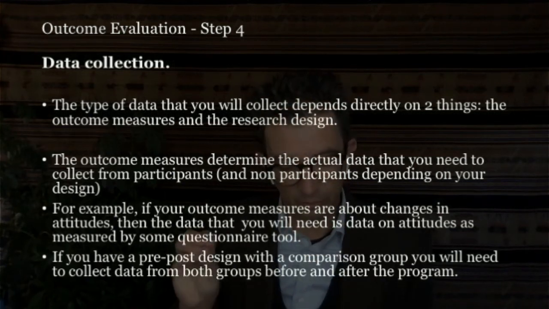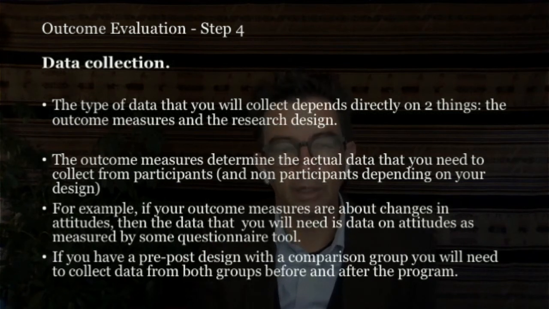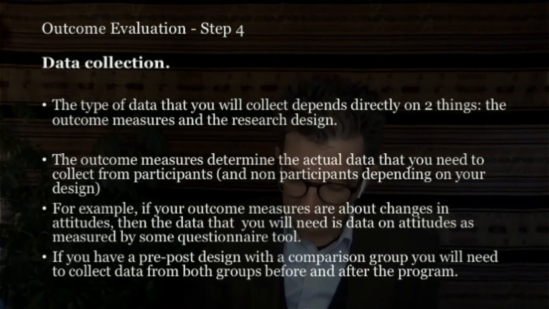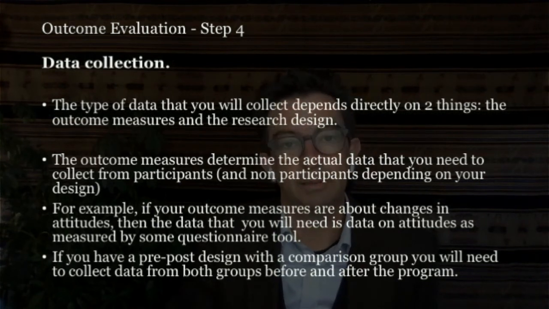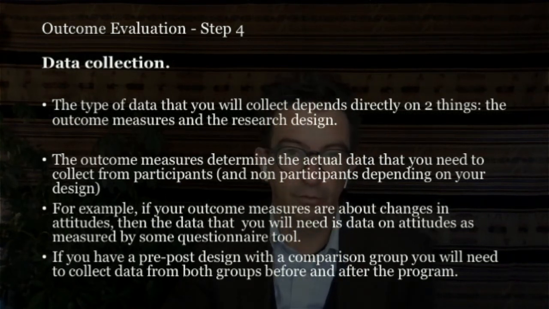So you need to be very clear on who is going to collect the data and how. Sometimes the people conducting the program are not the best people to collect the information. So ideally, the outcome determines the outcome measure, and the outcome measure, of course, determines the data that we need. However, in many evaluations, there are data constraints, right?